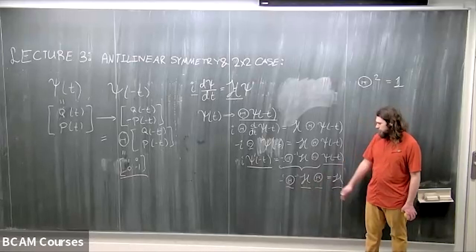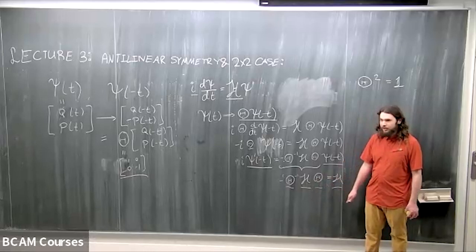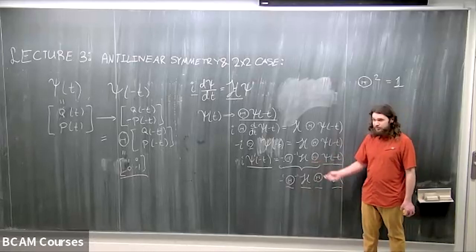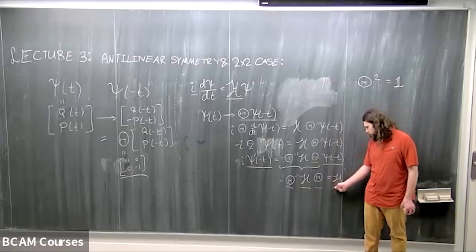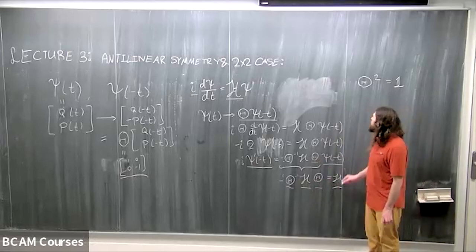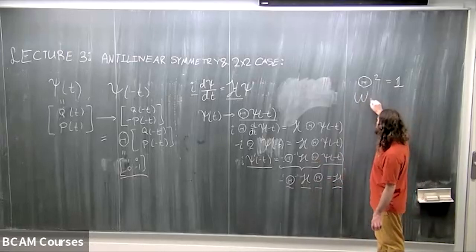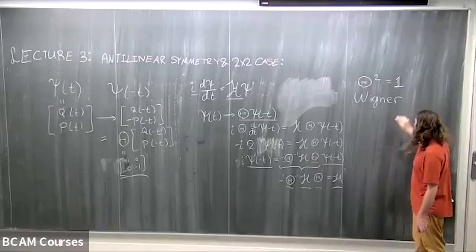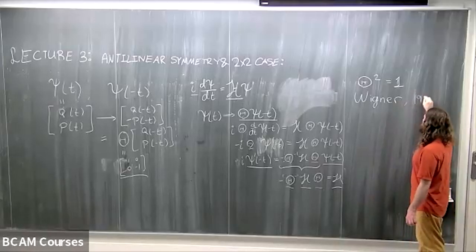So then there's a question of how do you resolve this paradox, I guess, that in order for time reversal symmetry to hold, there has to be some unreasonable constraint placed on the Hamiltonian. So this was a problem that was solved by Wigner. Wigner wrote on this in the 30s, and also wrote on it in the 60s.